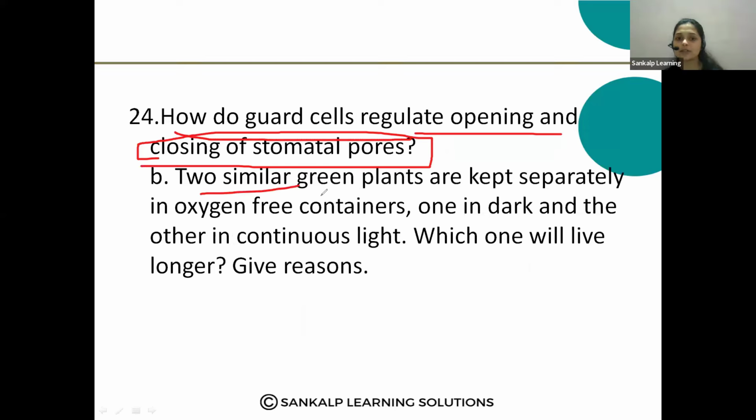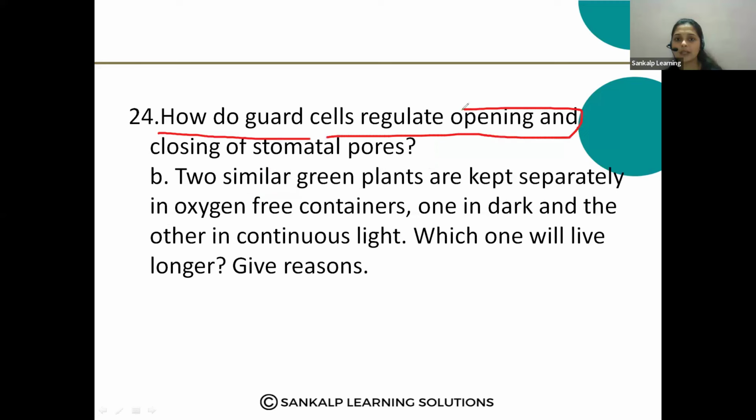And two similar green plants are kept separately in oxygen free containers, one in dark and the other in continuous light. Which will live longer? Give reasons. So here, note down the first question. How do guard cells regulate the opening and closing of the stomatal pores? Okay.